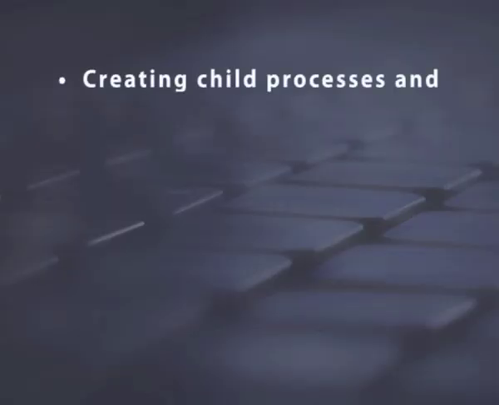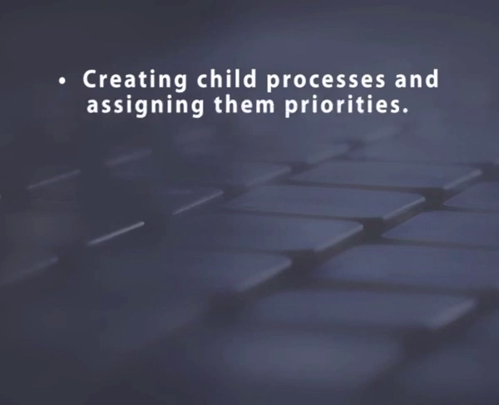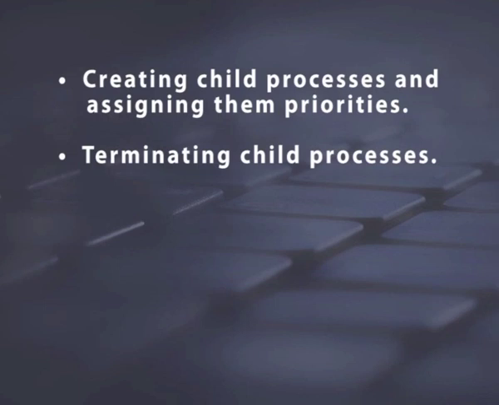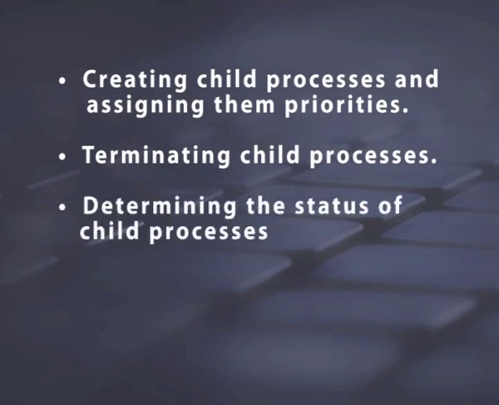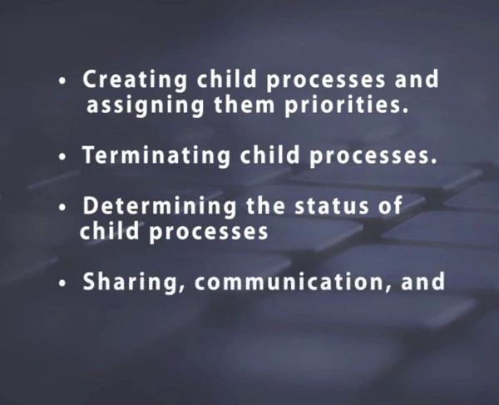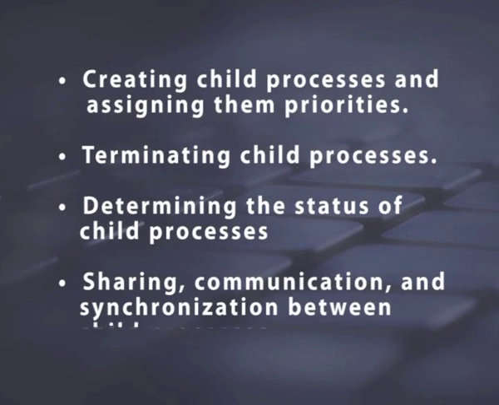Accordingly, an operating system provides following operations to implement the programmer's view of processes. First is creating child processes and assigning them priorities. Second, terminating child processes. Third, determining the status of child processes. And last one is sharing, communication and synchronization between child processes.